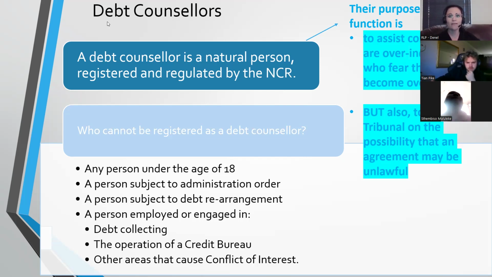They want someone who's never been over-indebted to advise other consumers on how to better manage their debt. And then a person employed or engaged in debt collecting or the operation of a credit bureau or any other area that will possibly cause a conflict of interest will not be allowed to register as a debt counselor.